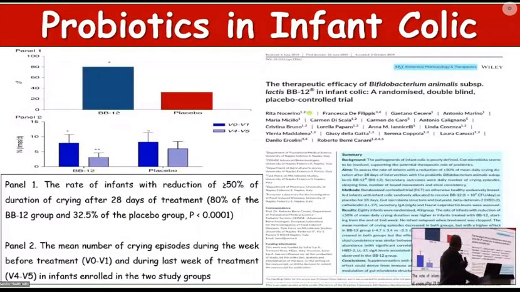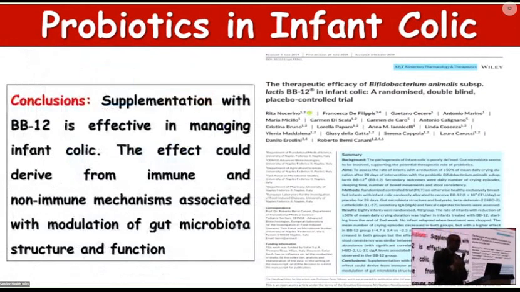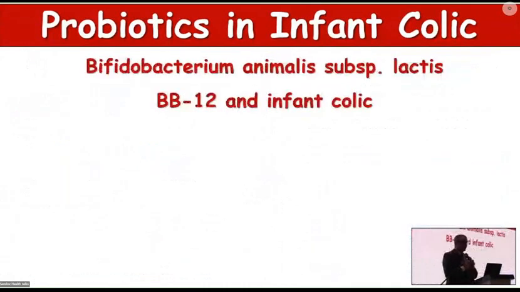And they found that about 80% of patients receiving BB12 had at least a 50% decrease in the duration of crying, and a significant decrease in the number of crying episodes. They concluded that supplementation with BB12 is effective in managing infant colic. The effect could be derived from immune and non-immune mechanisms associated with modulation of gut microbiota.